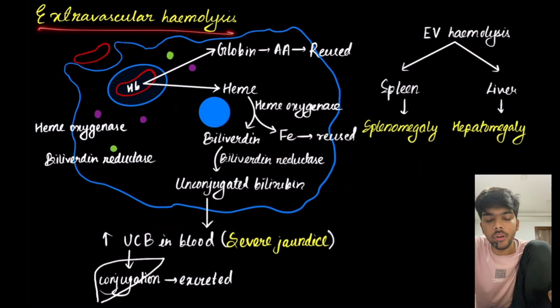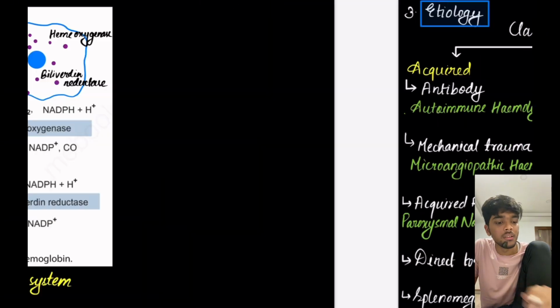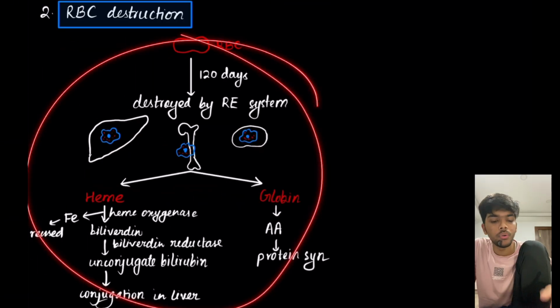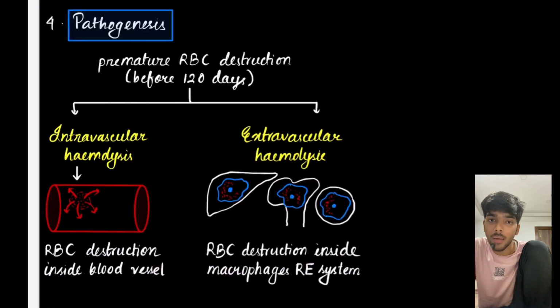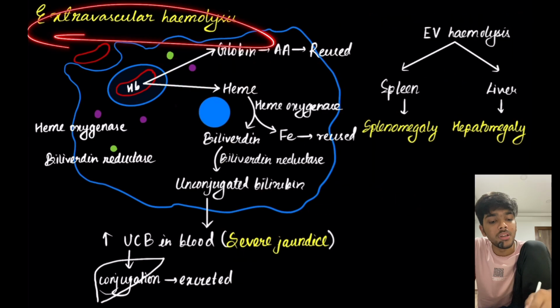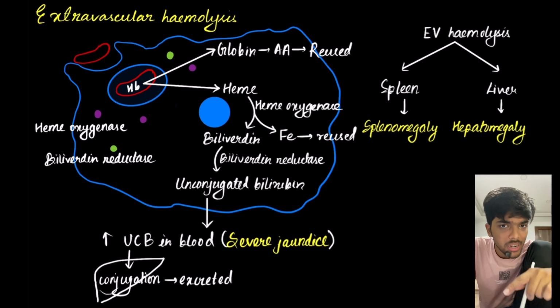Next is extravascular hemolysis. Extravascular hemolysis is extremely easy. Exactly what I have told you here in the case of normal physiology is what happens in extravascular hemolysis as well. Except the difference is, in normal physiology, RBC gets destroyed after 120 days.